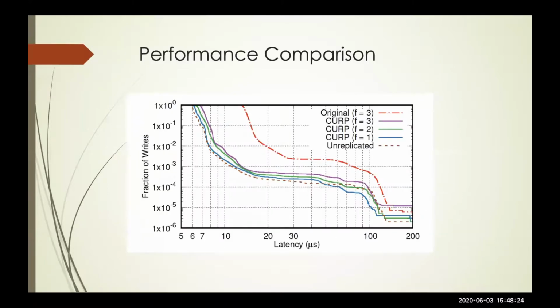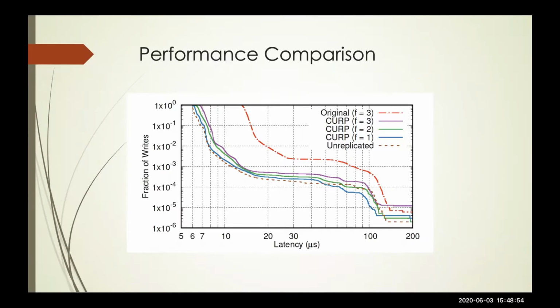So now the performance comparison. I'll give some overview. In this paper, they have used CURP in two applications. One is the Redis cluster, and another one is RAMCloud, a DRAM storage.